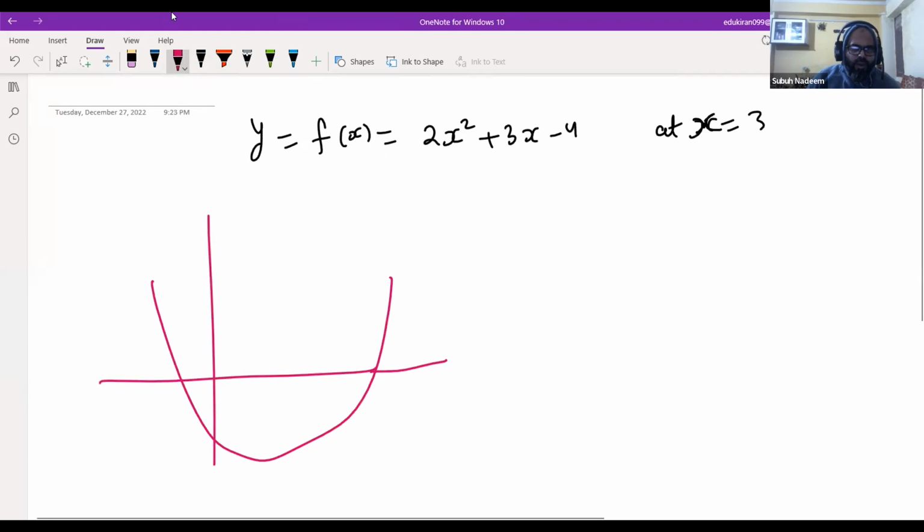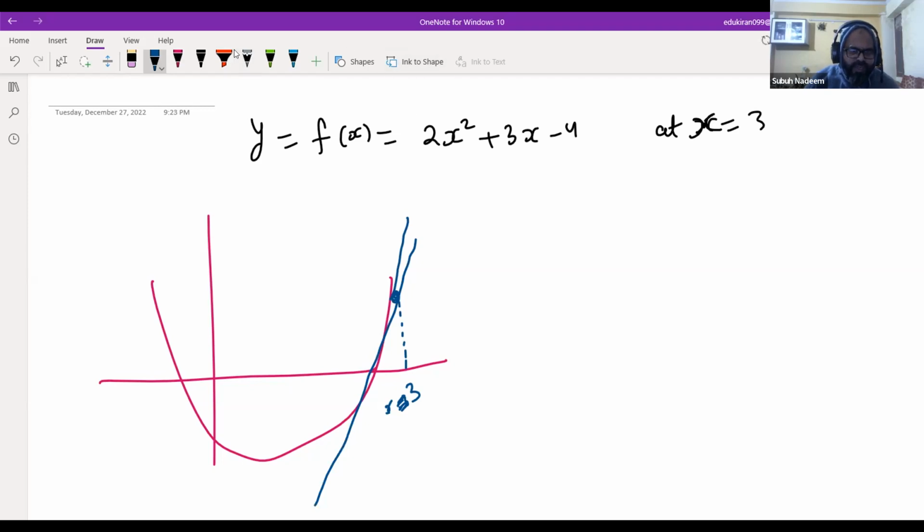I don't know exactly how it will be, but it will be an upward opening parabola. I'm not going into the exact story of it. So suppose x is equal to 3 here, then the tangent would be something like this.